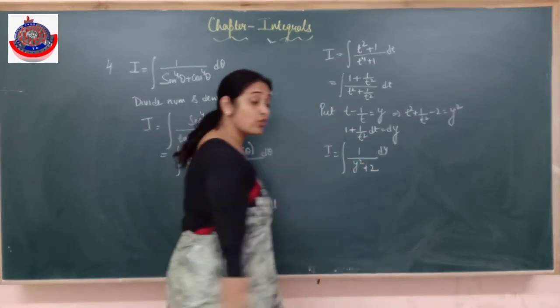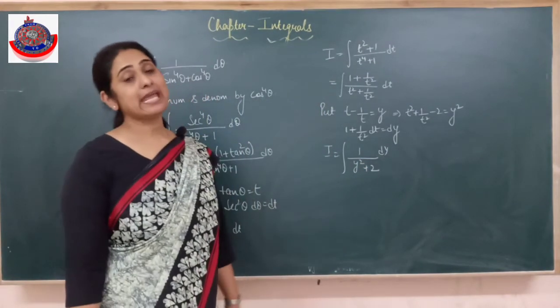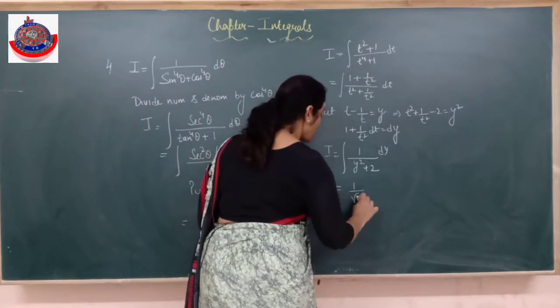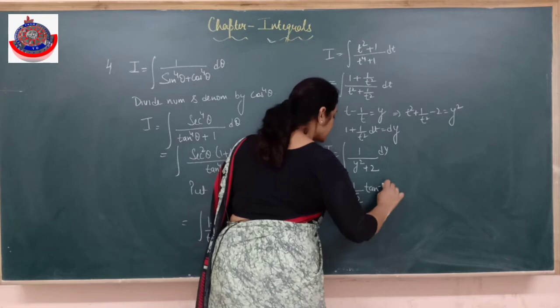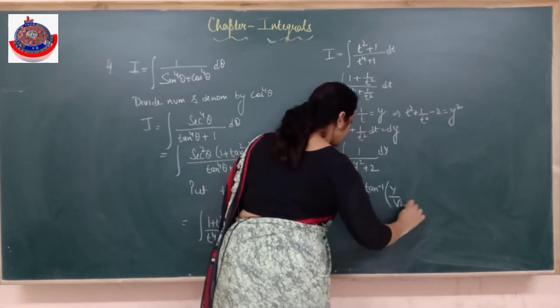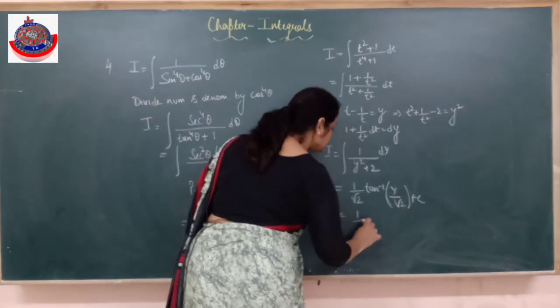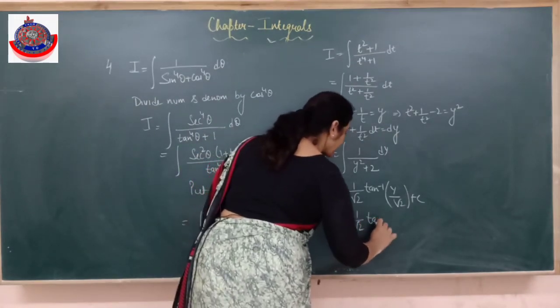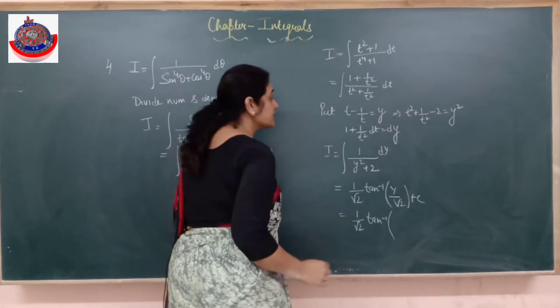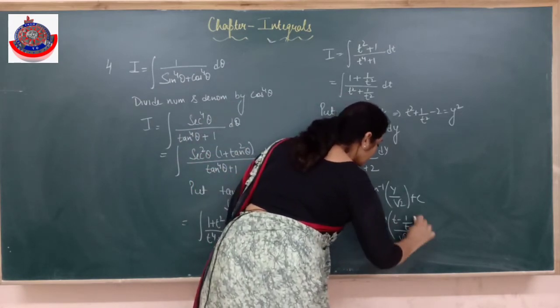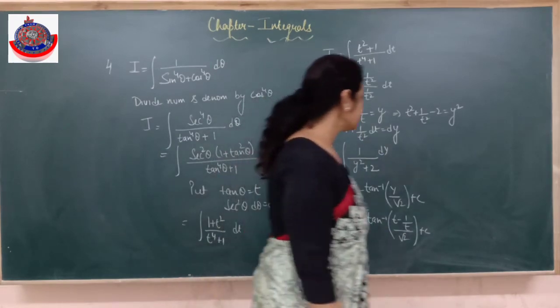Which form can be correlated with? 1 upon x² plus a². So what is the integration? So many times we have done now. 1 by a tan inverse x by a. Replace the value of y first of all. Little simplification here.